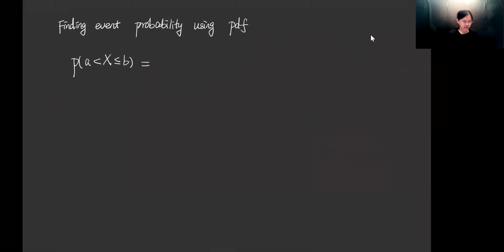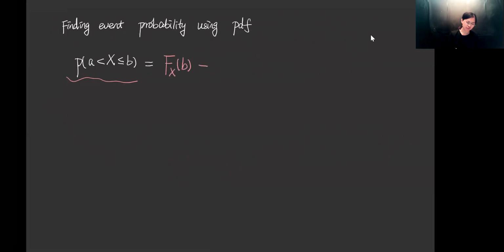And we can find event probabilities using the probability density function. Remember that we have used the CDF to find the probability that x belongs to this interval a to b. We can do the same thing using the PDF. So this probability we have found should be the CDF at b minus the CDF at a.